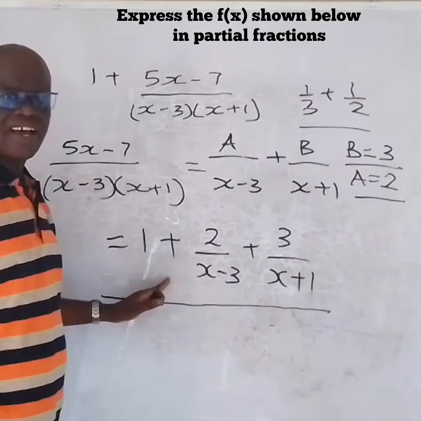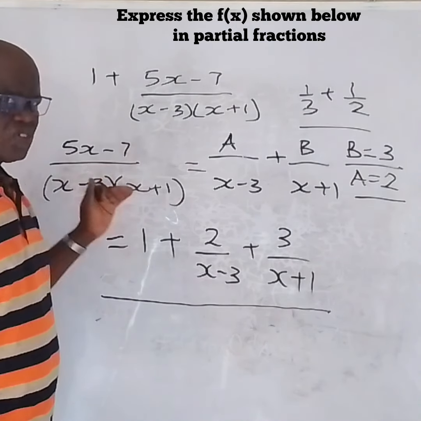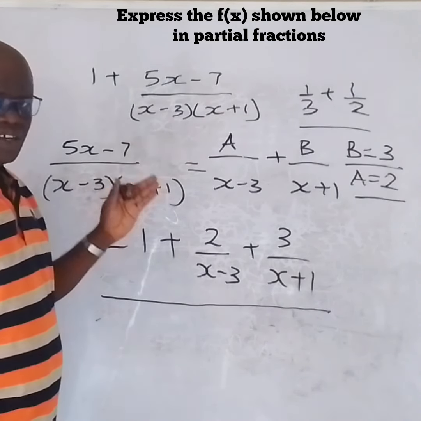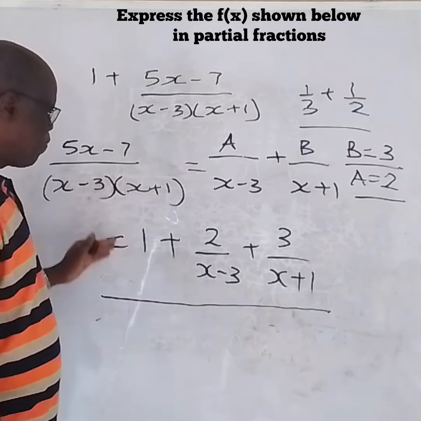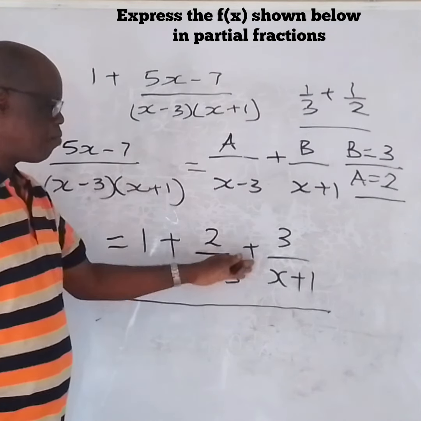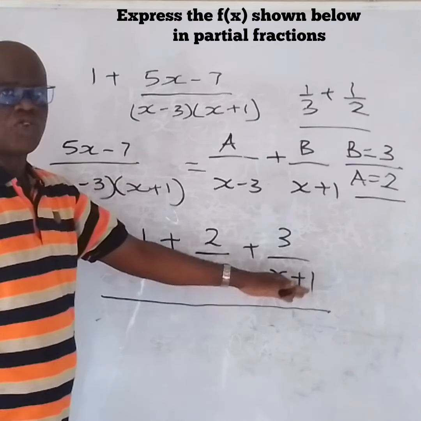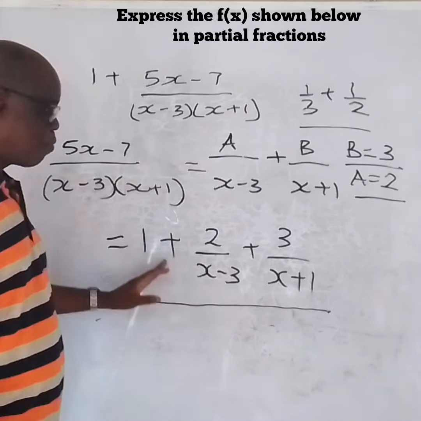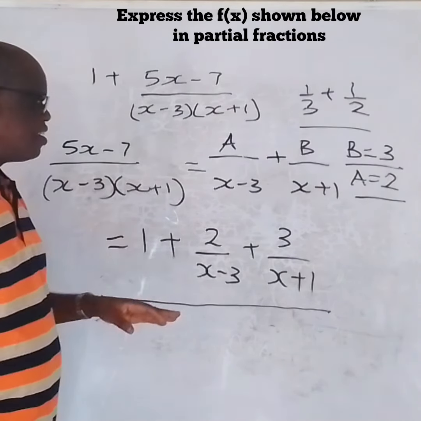So this is the final answer. So that rational function can be broken down into 1 plus 2 divided by x minus 3 plus 3 divided by x plus 1. So this is where we are stopping until we meet again in another class.